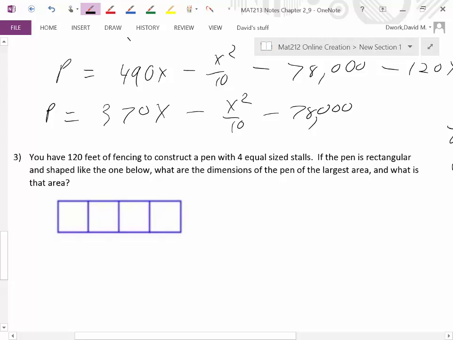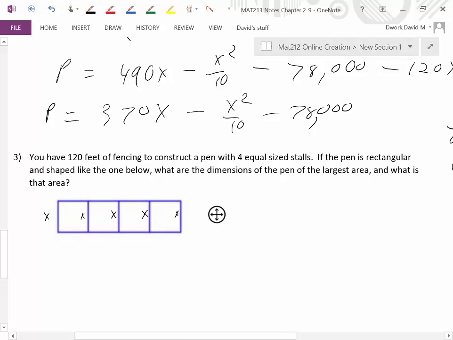Whenever we don't know something in algebra, we use variables, right? So let's say this wall would be length x, length x, length x, length x. These are all length x's, right? Or you could call them h's for heights, whatever you want. It tells us that the pen is rectangular in shape, but it doesn't tell us that these have to be squares.